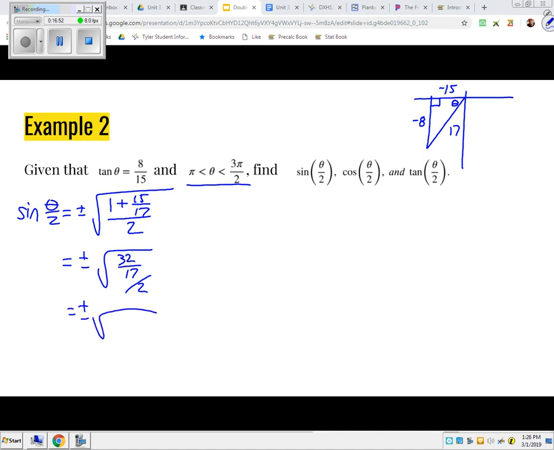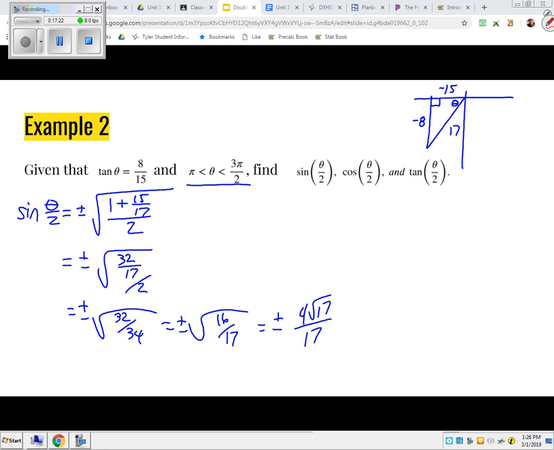What's that give me? 32 over 34 is 17 times 2. Does that reduce? 16 over 17. So square root of 16 is 4.